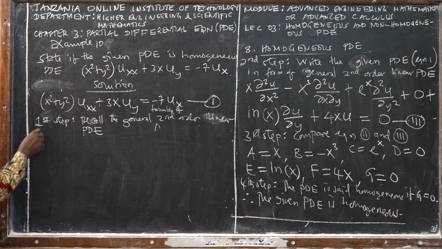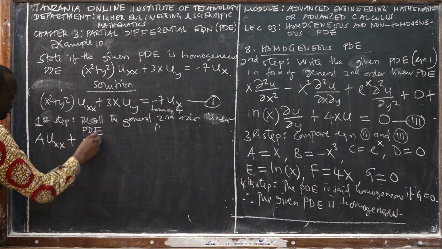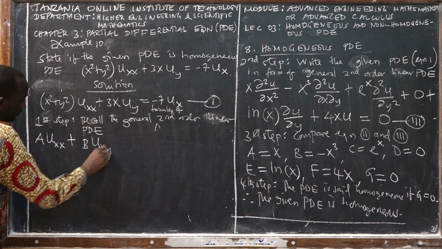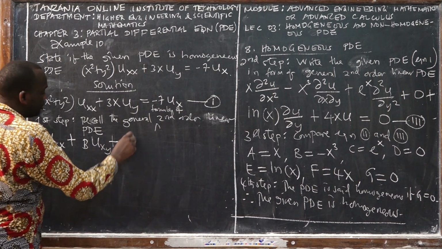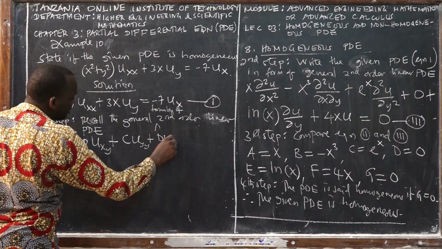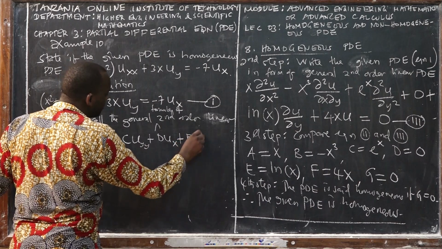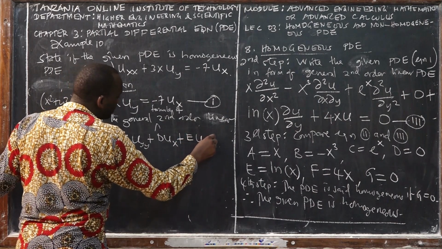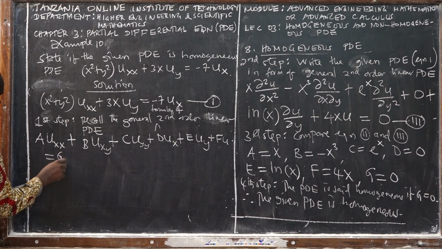So we say that A u of xx plus B u of xy plus the other terms, plus what? Is equal to what?